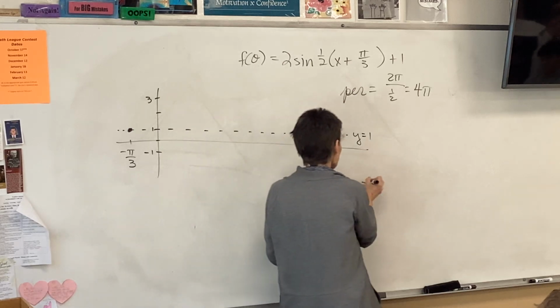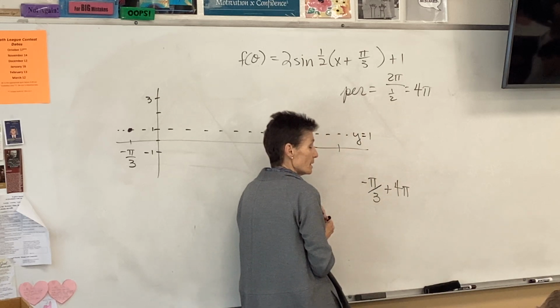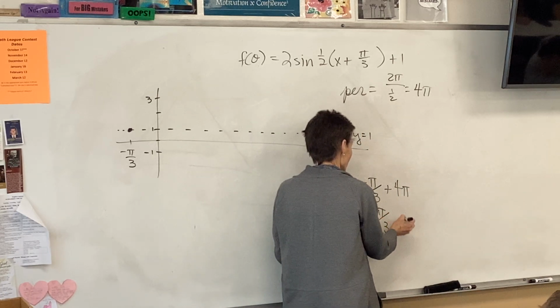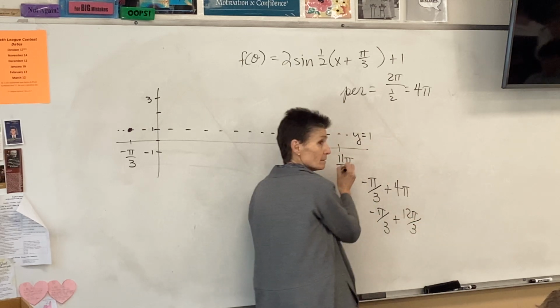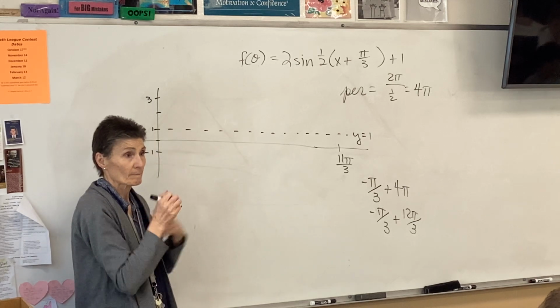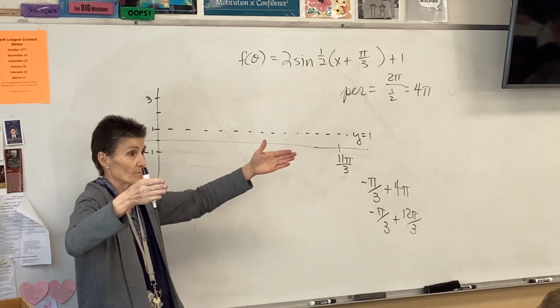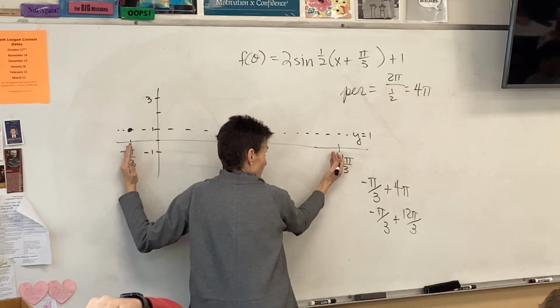So if it started at -pi/3, it's going to stop at 11 pi/3. Period is its length. Start here at 4 pi.